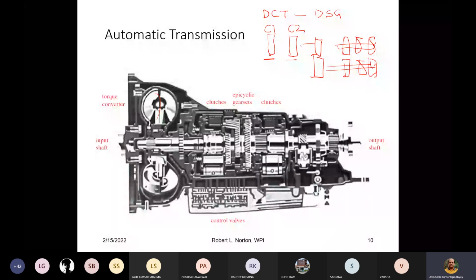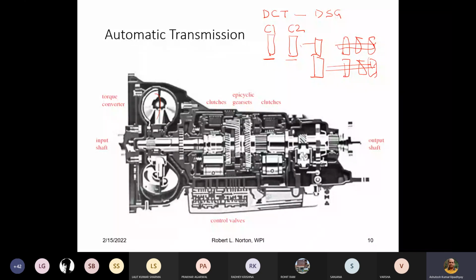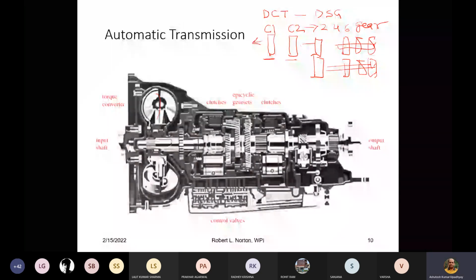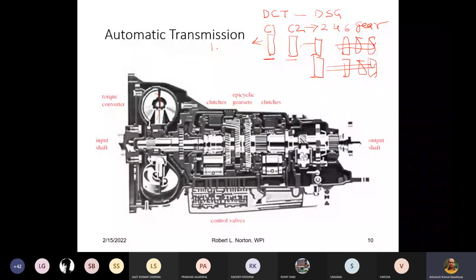One set of clutch, C2, will be connected with gears 2, 4, 6, and C1, the other set of clutch system, will be connected to gears 1, 3, 5. So suppose you are running in gear number 3 and you want to move ahead to gear number 4.